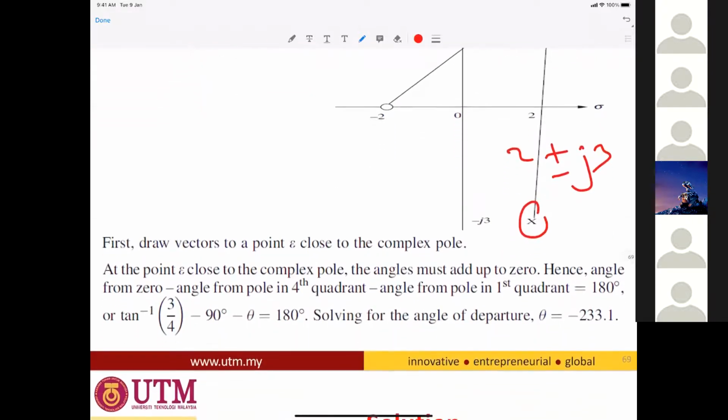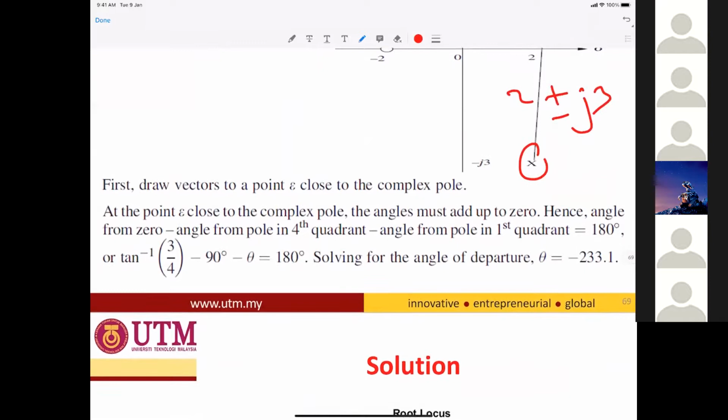At the point epsilon close to the complex pole, the angle from the zeros minus the angle from the pole in the fourth quadrant minus the angle from the pole in the first quadrant equals 180 degrees. So theta departure is arctangent 3/4 minus 90 minus theta plus 180 degrees. So you will get -233.1 for the theta departure.